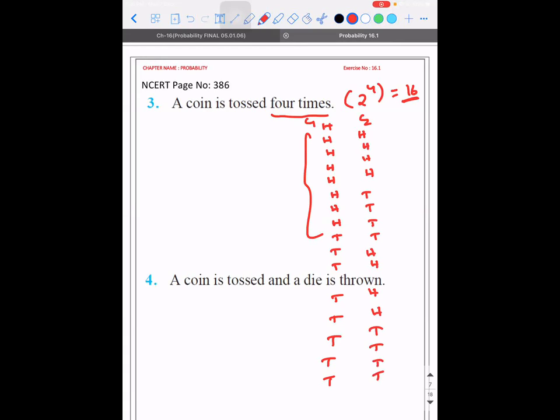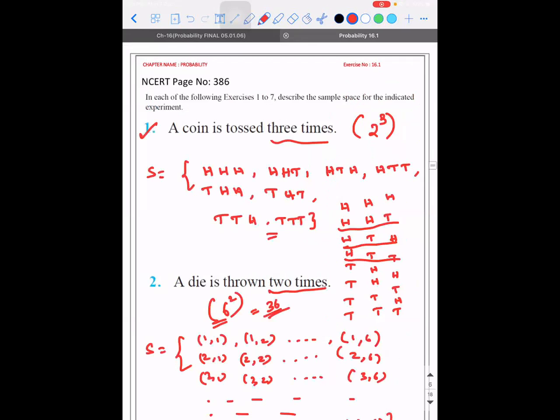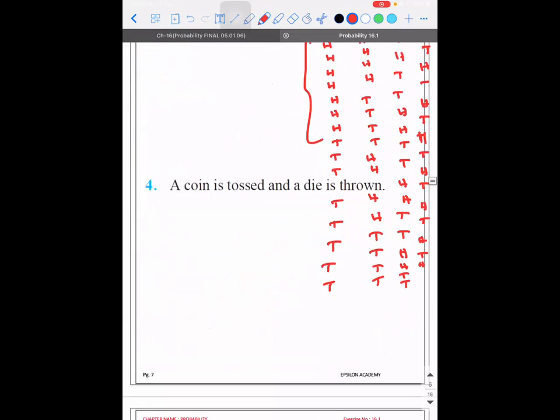Then what will you do? Coin number 3: 2 heads, 2 tails, repeated. Coin number 4: head, tail, head, tail, repeated. It keeps on going like this.